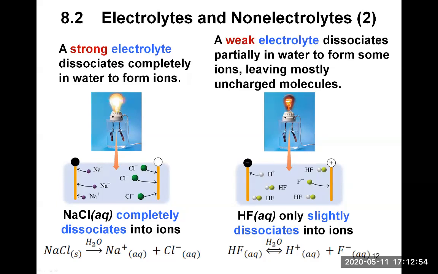So because there is very few ions, then there will not be enough to carry the electricity very strongly, and so they will only slightly conduct electricity. And so that's why we call them a weak electrolyte.